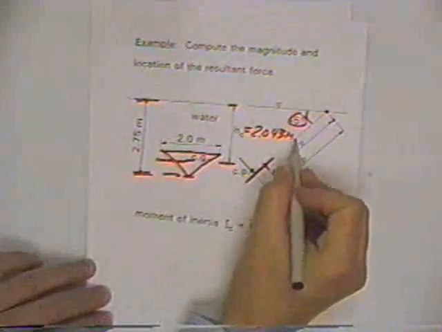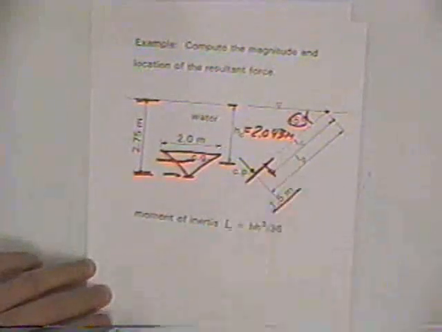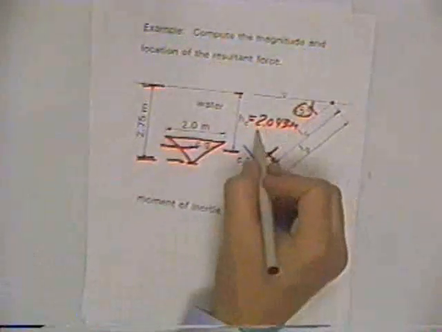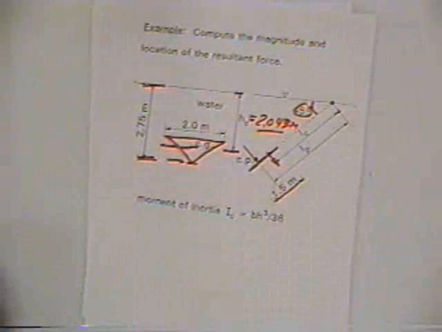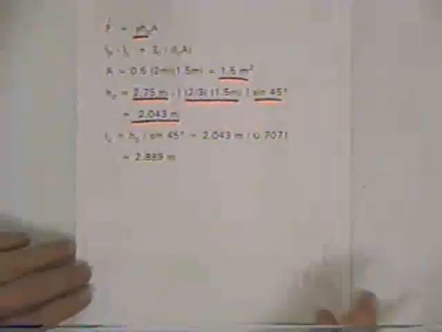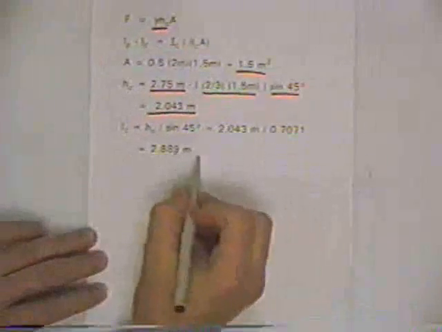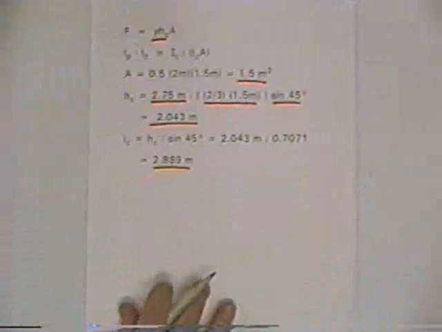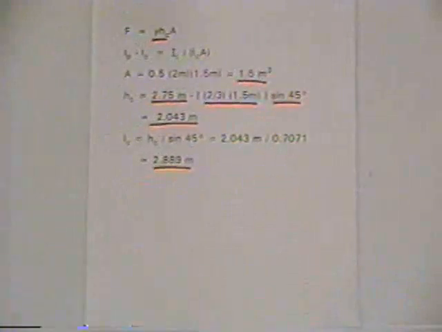Now the L sub c, if you measure along the incline, that's just this number divided by the sine of 45 degrees. And so you take the h sub c divided by the sine of 45 degrees, you get 2.889 meters measured along the incline.